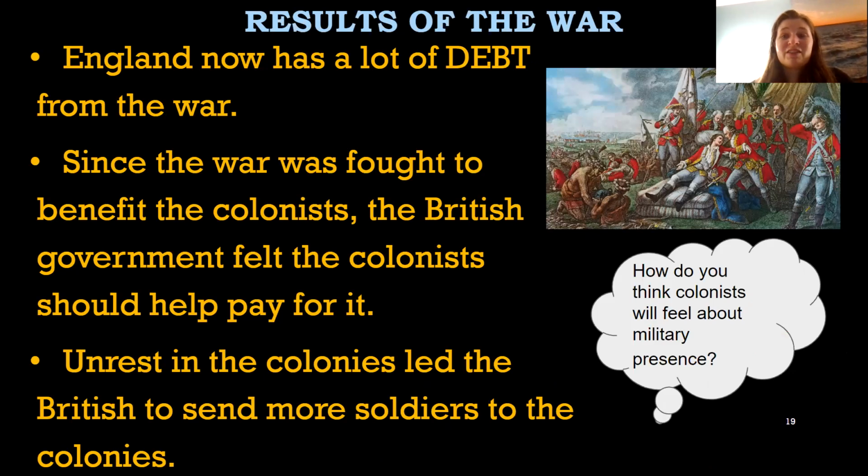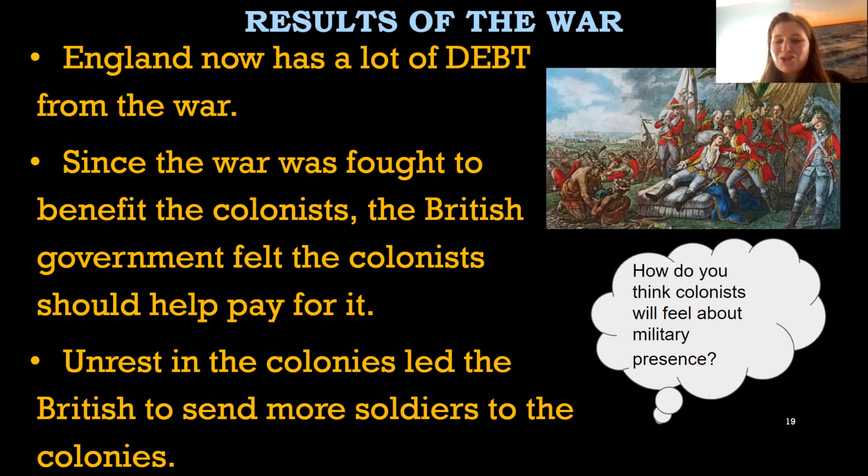One of the main results of the French and Indian War, besides the new access to land, is a whole lot of debt acquired. Britain views that they fought in this war to help the colonists, and therefore the British government feels that the colonists should be the ones to pay for the debt of the war.